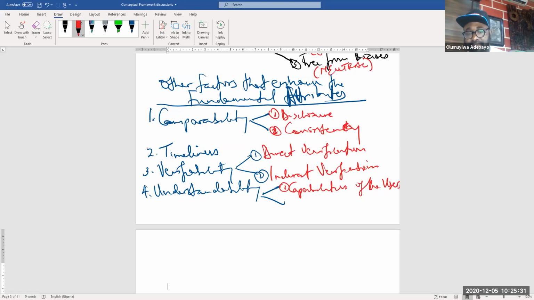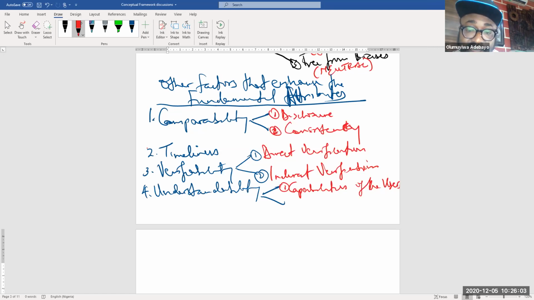And that is why it was standardized. That's why when you pick any financial statements of companies, you find out that they are more or less the same. The only difference is the numbers and some other relevant disclosure. Because we don't want people to unnecessarily incur avoidable costs in trying to understand every bit of financial statement they lay their hand on, especially investors that have investments in scores of entities.